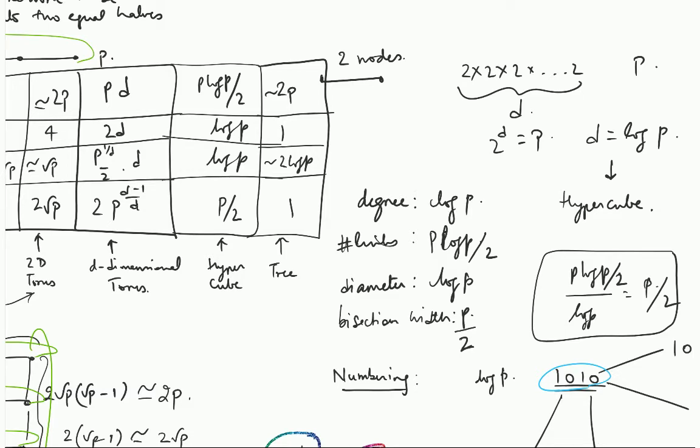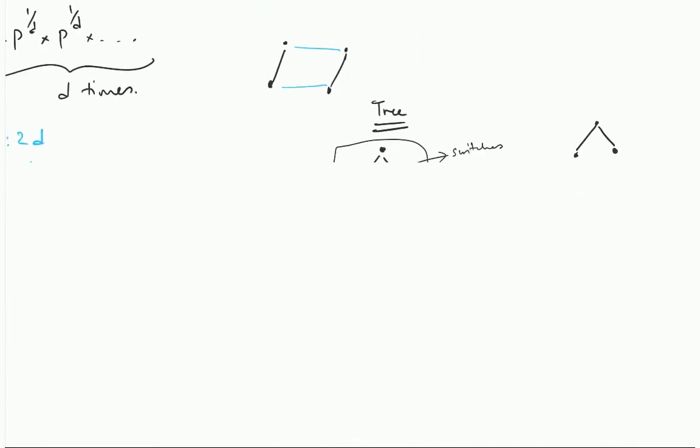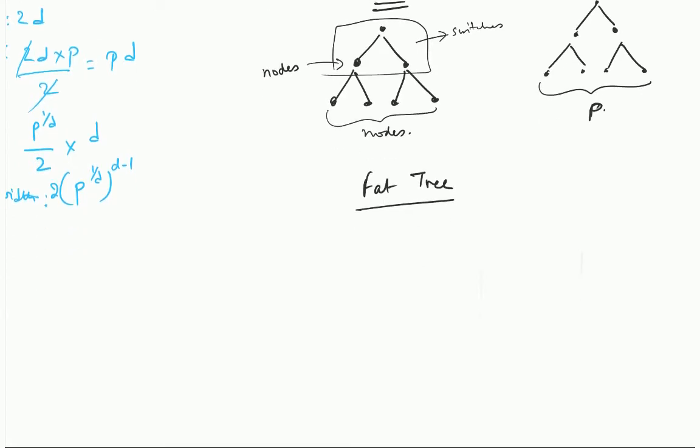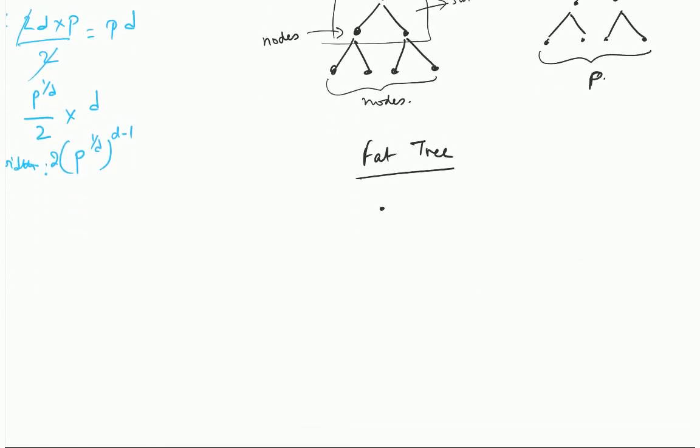So people have modified this and come up with another architecture called the fat tree network, which is actually used heavily in practice. And what is the fat tree network? It's quite simple again. The great thing about the tree is it's easy to set up, unlike hypercubes and fully connected.